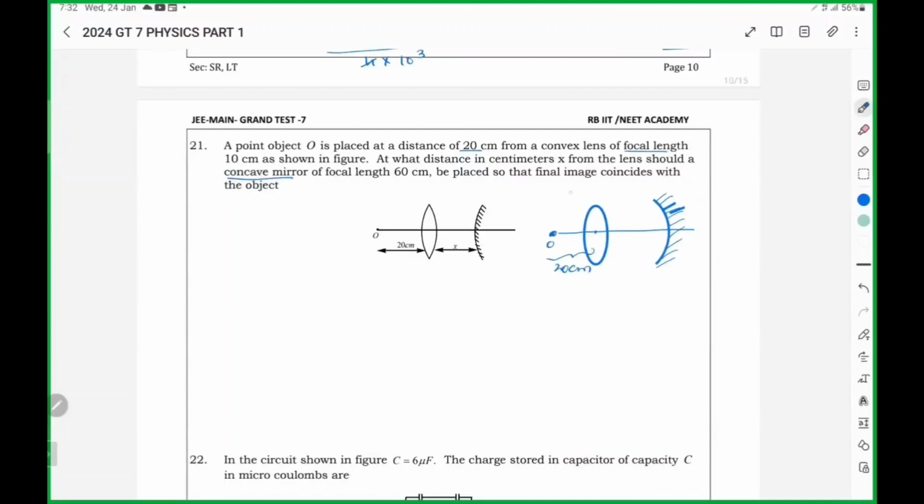Focal length is 10 centimeters. So for lenses, 1 by f is 1 by v minus 1 by u. Focal length of a convex lens is positive. u here is minus 20. 1 by v will be 1 by 10 minus 1 by 20.